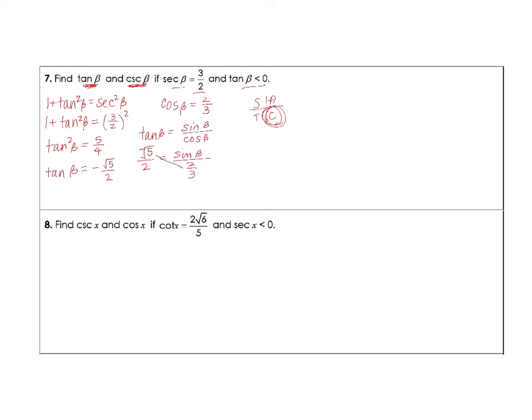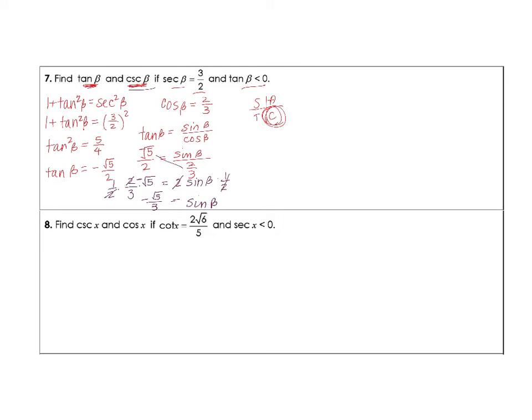So that's going to be 2/3 times the square root of 5, and that's all going to be negative now, equals 2 times sine of beta. I am going to multiply both sides by 1/2. And so we have sine of beta is going to end up being, those 2's cancel, so negative square root of 5 all over 3.